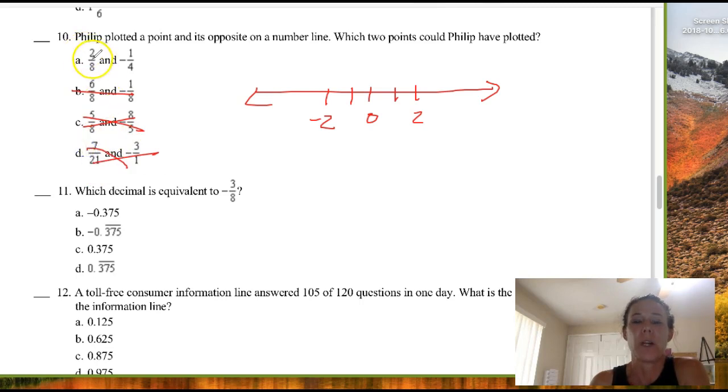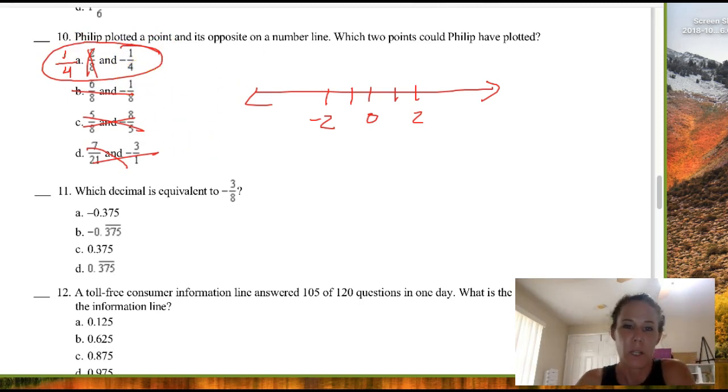Nope. So here, if I reduce this fraction, 2/8, well, 2 divides into 2 one time, and 2 divides into 8 4 times. 2/8 reduces to 1/4. So I have 1/4 and -1/4. So it is going to be A. That's all I was looking for. Super simple.